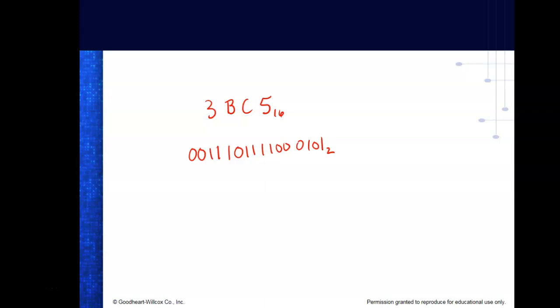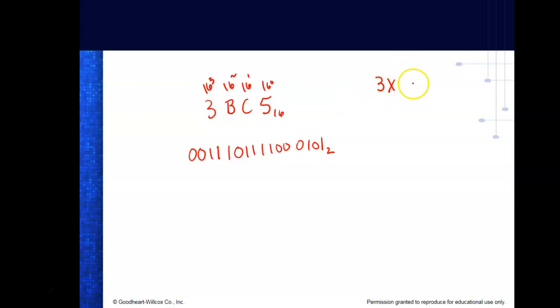Now if I was going to convert the number to decimal, we've got two options. We could convert it to binary and then do powers of 2, right? 1, 2, 4, 8, 16, 32. Or we could do it using what we call positional notation. So this would be 16 to the 0, 16 to the first, 16 to the second, 16 to the third.